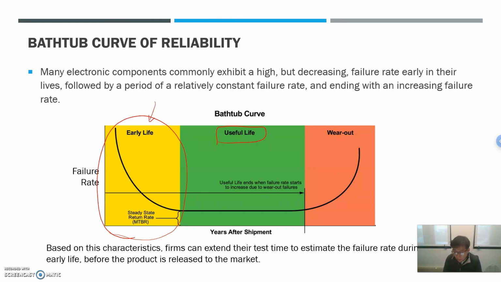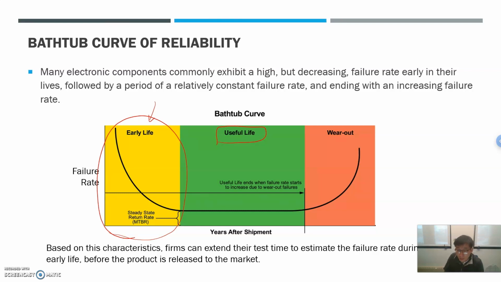So think about those products that somehow slipped through the internal and external quality checkpoints and were released to the market, and the consumer bought it, and you usually experience a lot of failures. Like a new car you bought this year, and you experience some kind of problem in the transmission and brake. How come this can happen? This is a new car. But that is because you are experiencing early life failure rate.